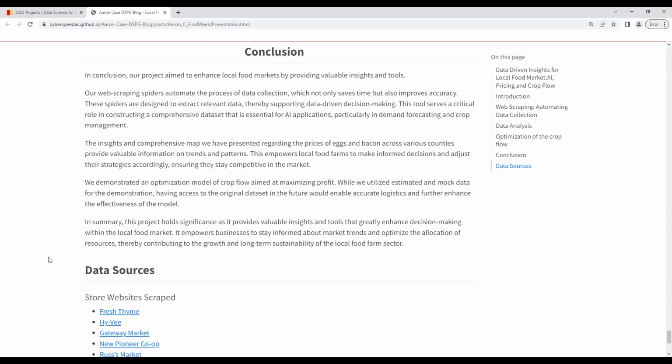And finally, we have another tool, the optimization model, that will give us a best strategy when everyone is present or everyone is in collaboration.